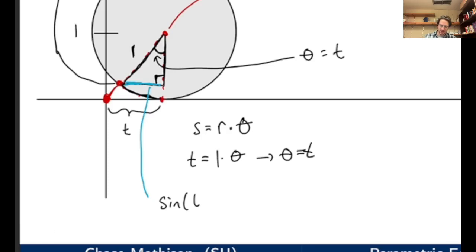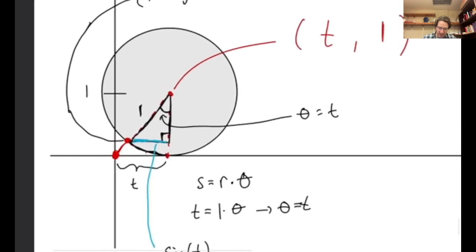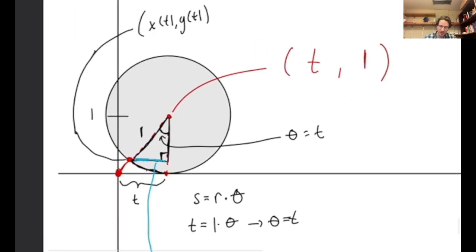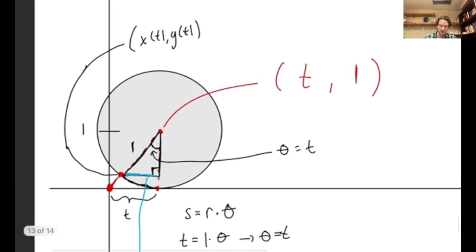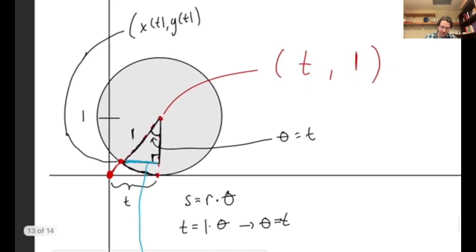So sine of t is the length of that blue leg over 1, which means that blue leg just has a length of sine of t, right? So that means x of t, right there, that's this x coordinate right here, is the x coordinate of the center of the bike wheel minus sine of t, right?